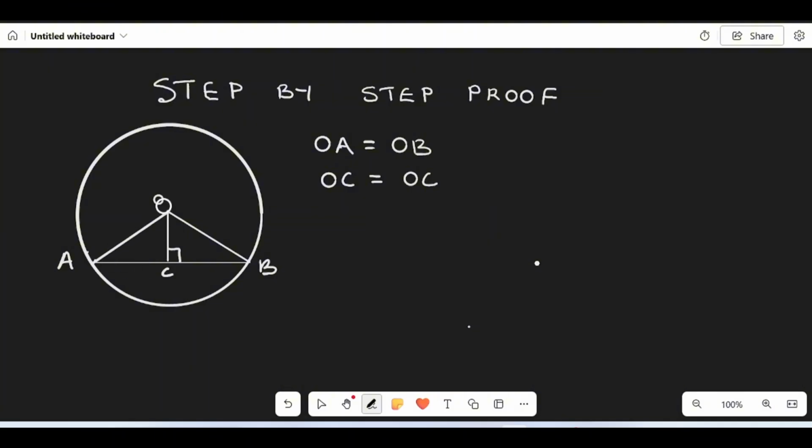OAC and OBC, and both have a right angle: angle OCA equals angle OCB, which equals 90 degrees.